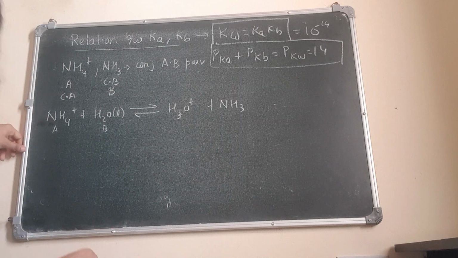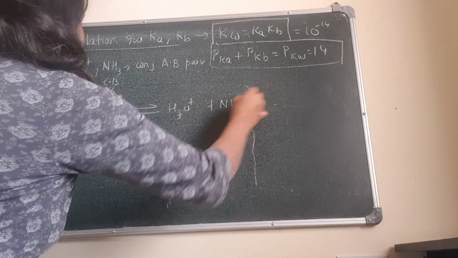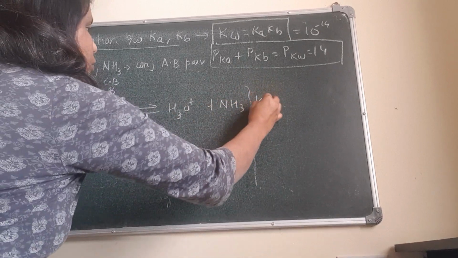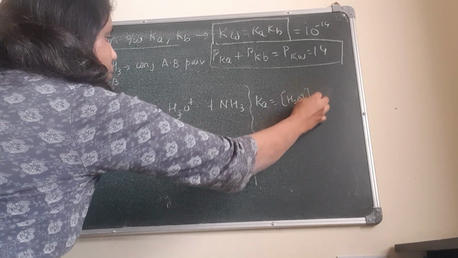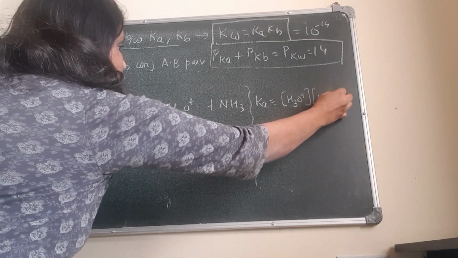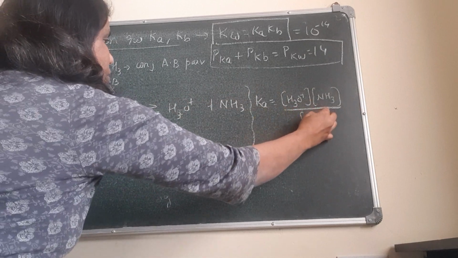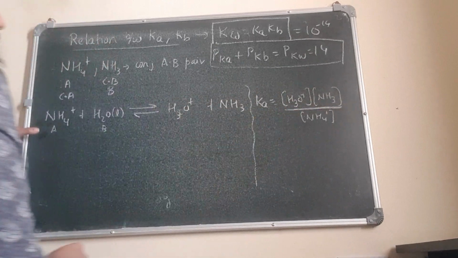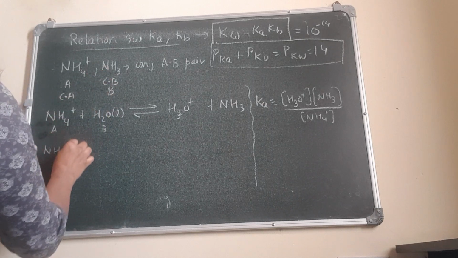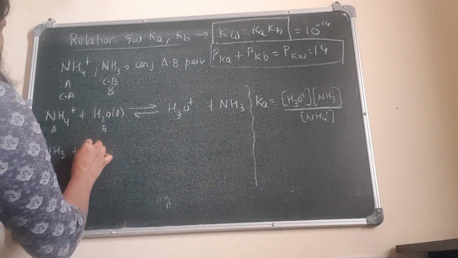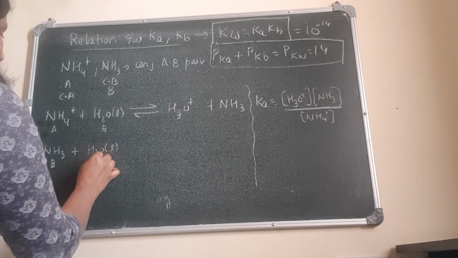Alright, so similarly, let me write this as the acid reaction. What will be the value of Ka here? Concentration of hydronium ions into concentration of ammonia divided by concentration of ammonium ions. We do not write water because it's a liquid. Now if you take the same reaction for ammonia, for example, ammonia plus water in aqueous, this is my base, water acts like an acid.